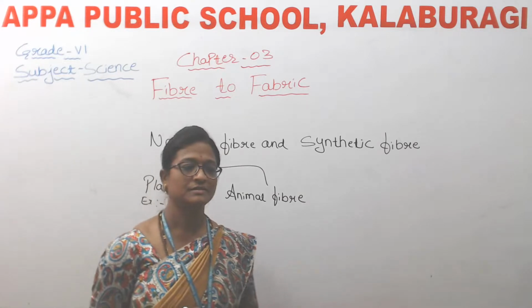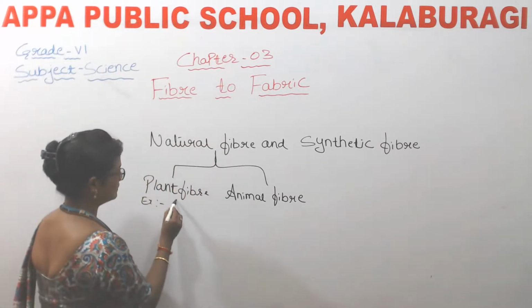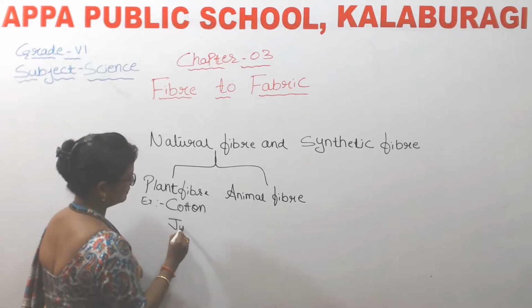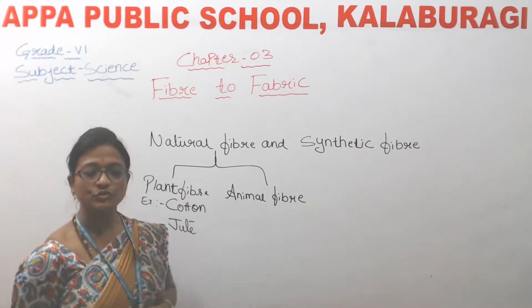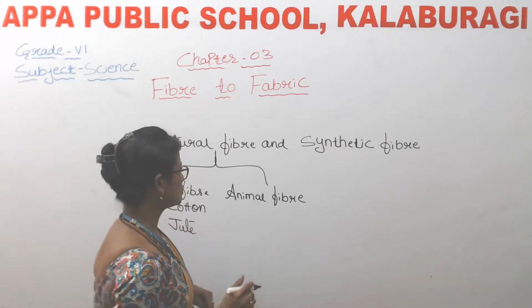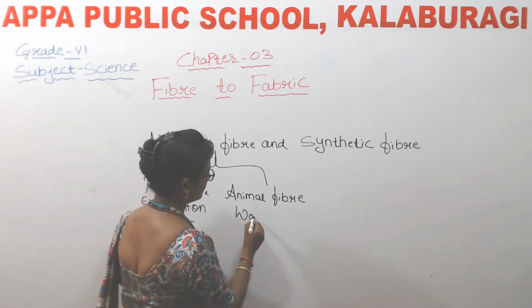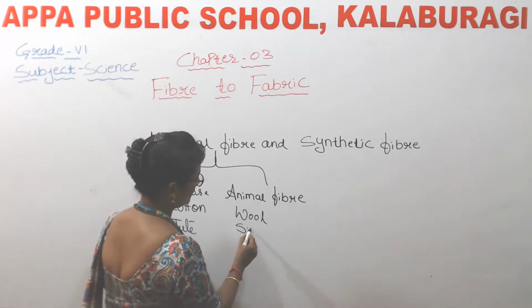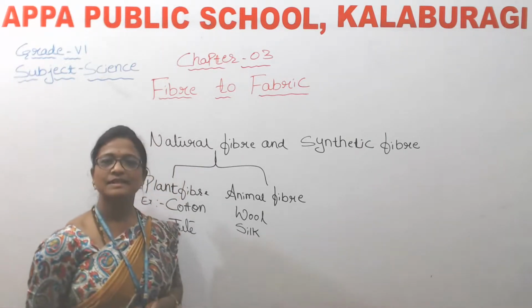The examples for plant fibers, yes children, are cotton, jute, isn't it? And what about animal fiber? Wool, silk.